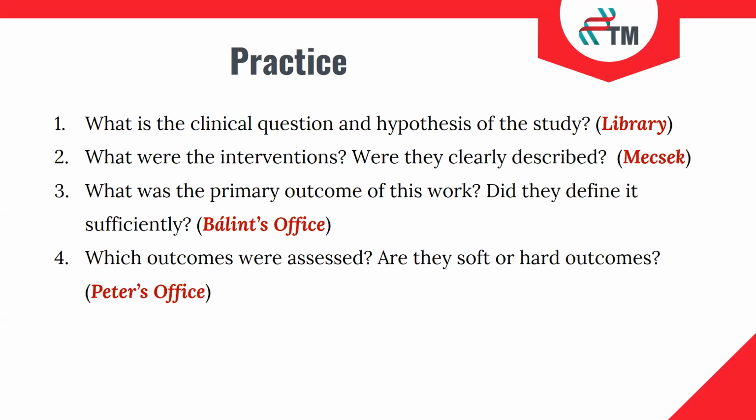I think we have seen a very good example of a clear clinical question and hypothesis, very well defined and described interventions and outcomes. And this is often not the case if you look at articles in lower quality journals. So I think that's my reflection on the questions and the answers.